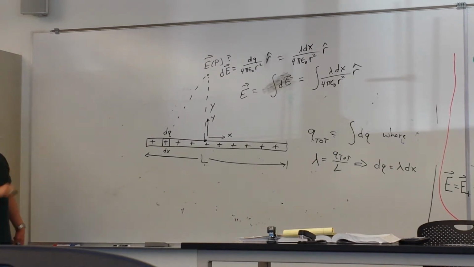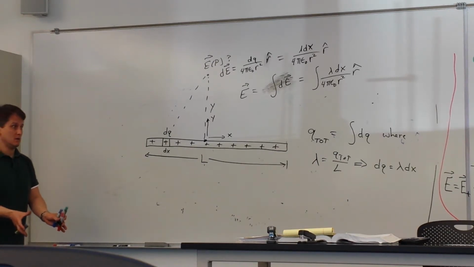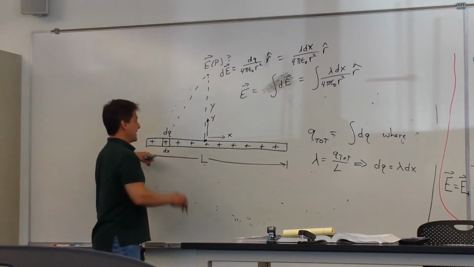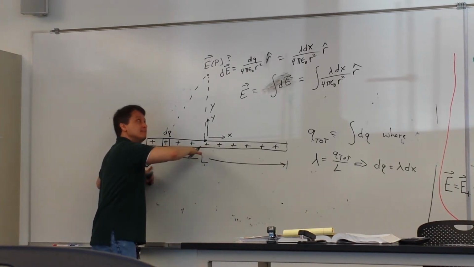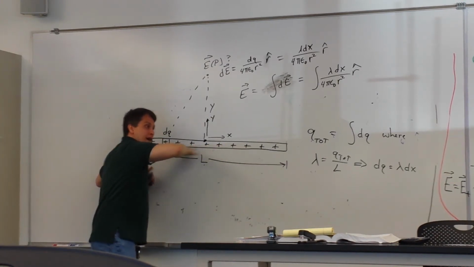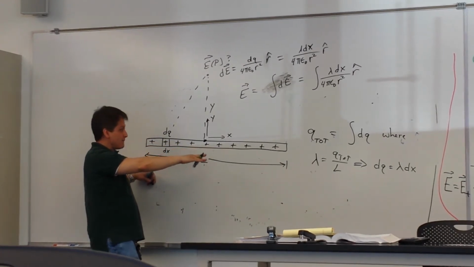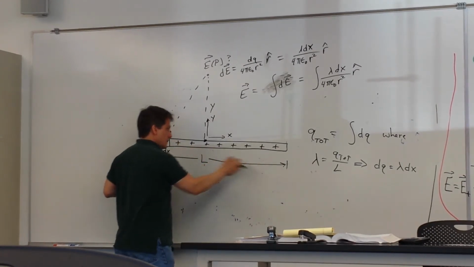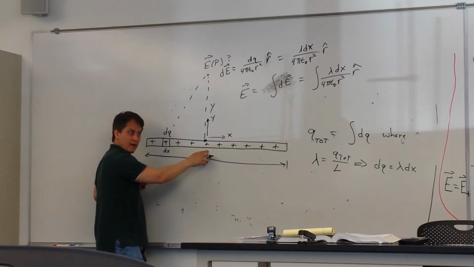So the remainder of the problem is figuring out how to orient this thing in such a way that is useful, so that I can evaluate an integral like this. Ultimately, my dq's are lined up along the direction of the rod, and this rod has a length of L, and I'm calling my origin halfway in between.